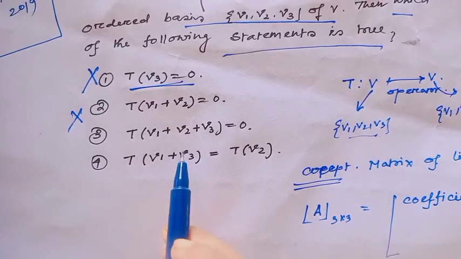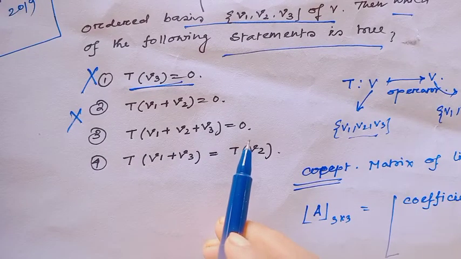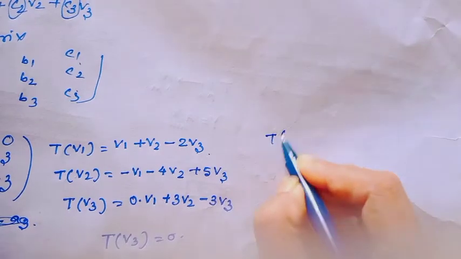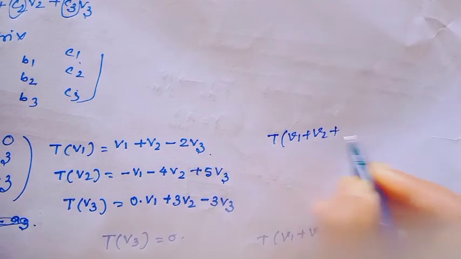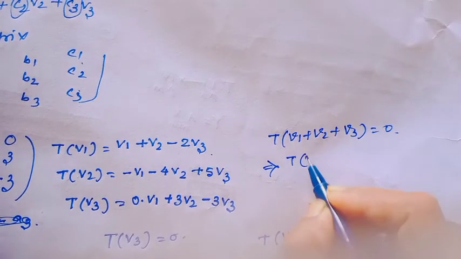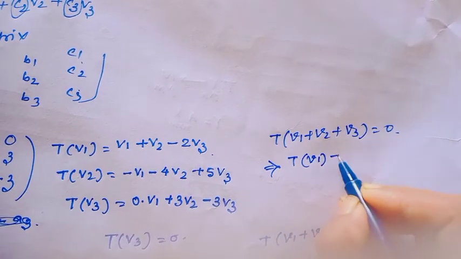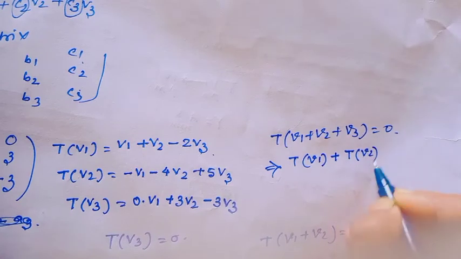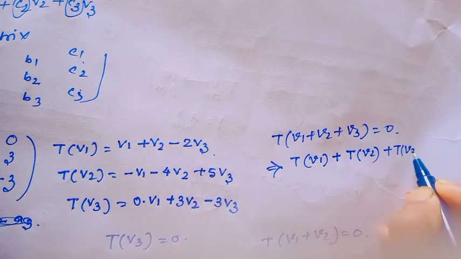Option 3 says T(v1 plus v2 plus v3) equals 0. Since this is a linear transformation, this implies T(v1) plus T(v2) plus T(v3) equals 0.